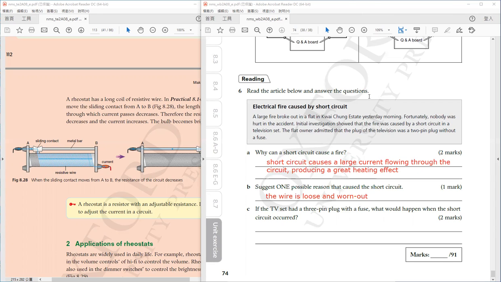And part C, if the TV set has a 3-pin plug, what happens? A 3-pin plug with a fuse is a safety precaution. How does it help? For example, when a short circuit occurs, the large current will quickly blow out the fuse.